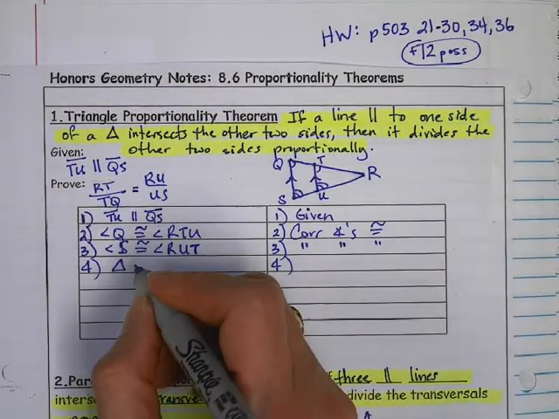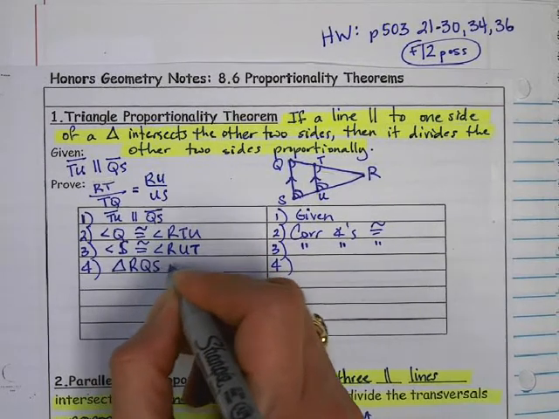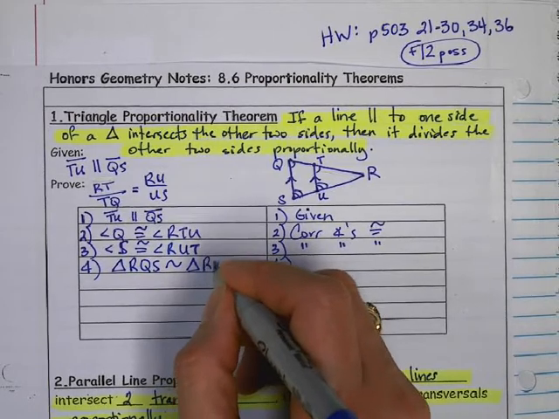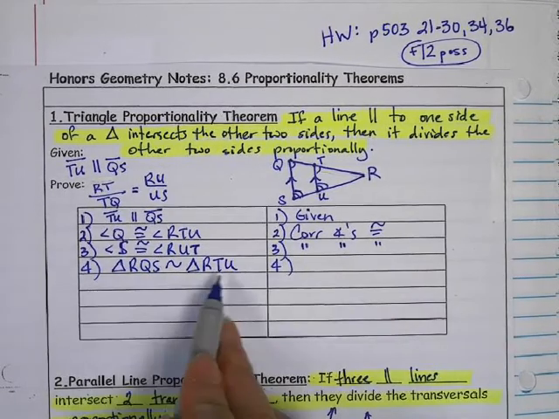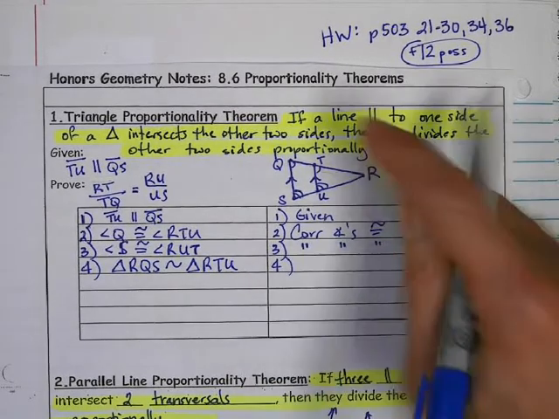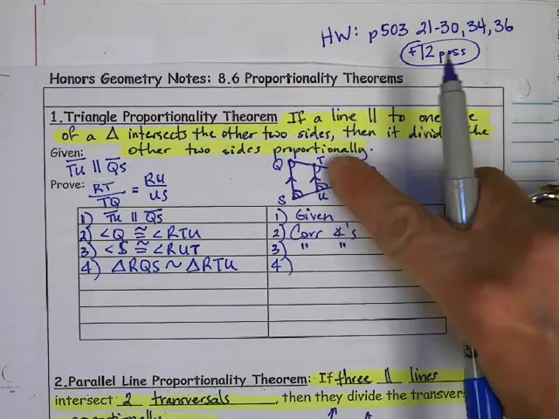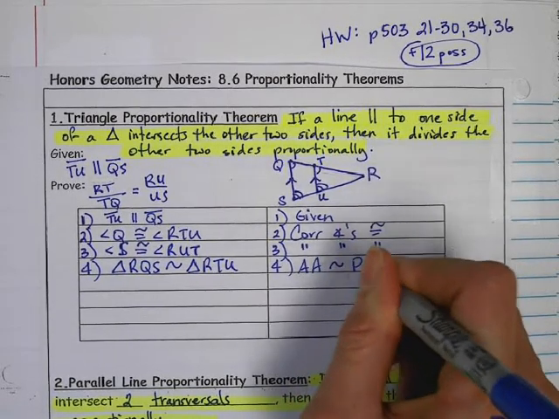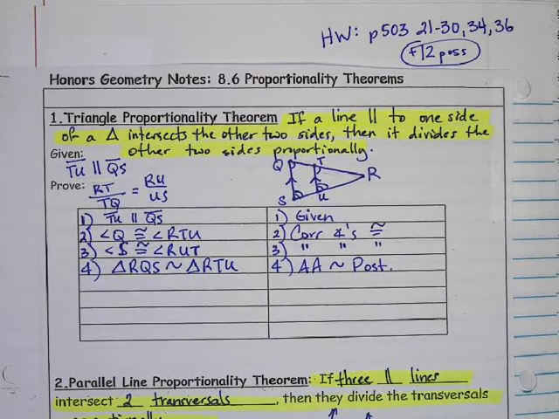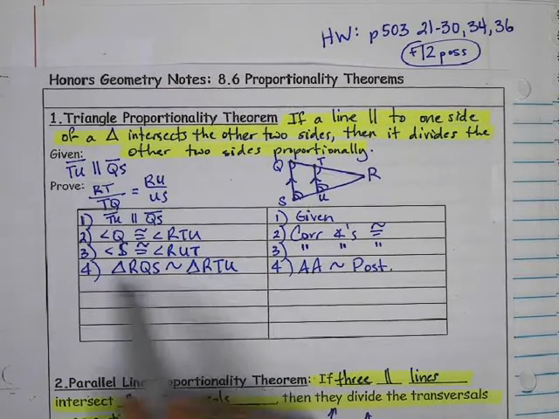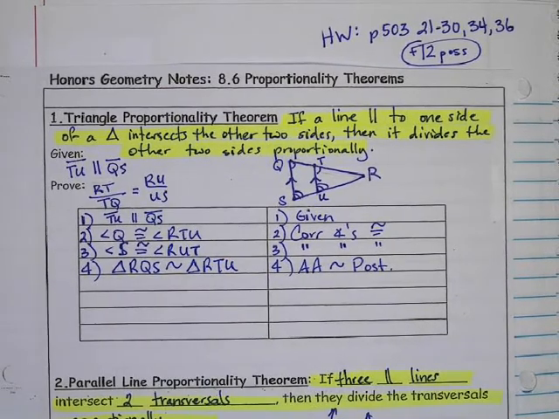So triangle RQS is similar to triangle RTU. When we write this similarity statement right here, we can do so because notice we have angle, angle. We have the angle-angle similarity postulate. So we know the two triangles are similar, not congruent.